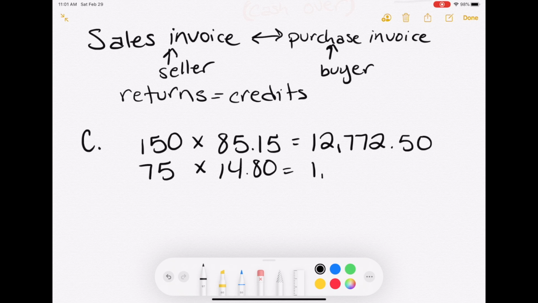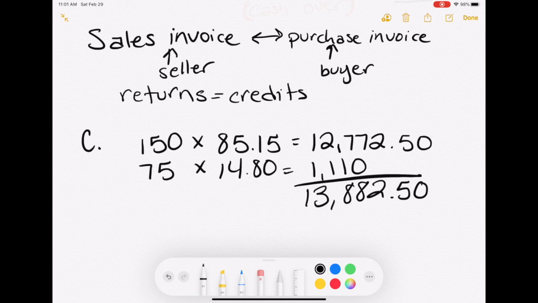And $1,110. Those two added together, $13,882.50.